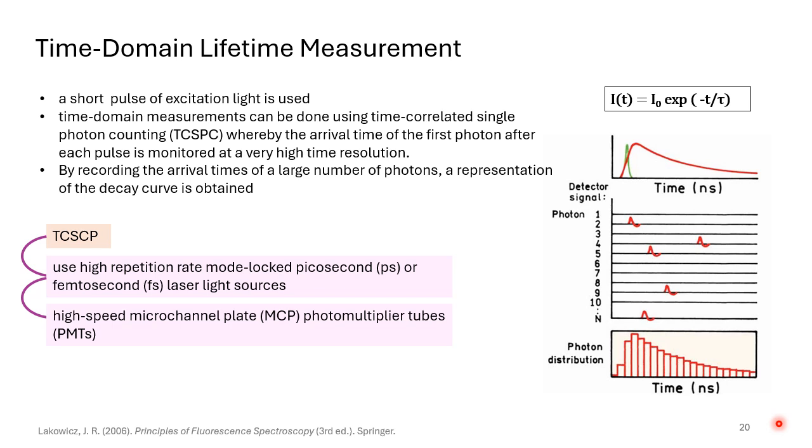When it gets one photon at the detector, it will stop the time, and let's assume for this second pulse the time we get is around 5 nanoseconds.